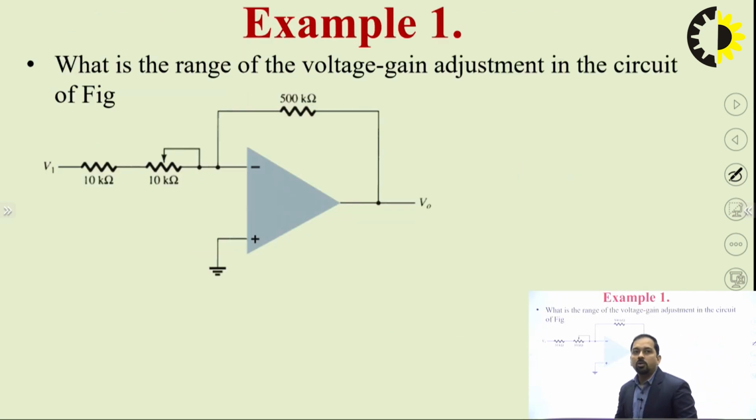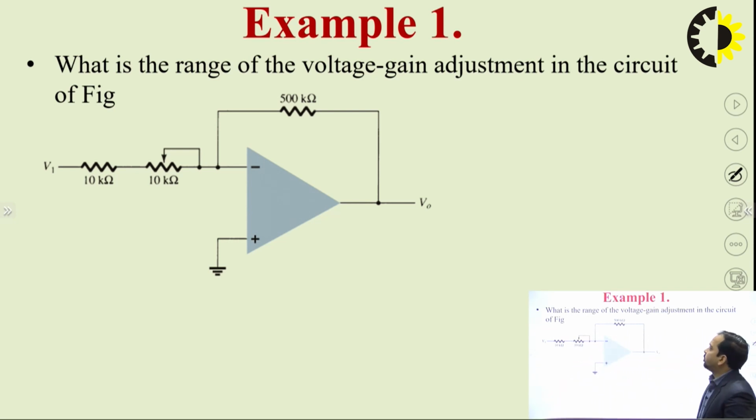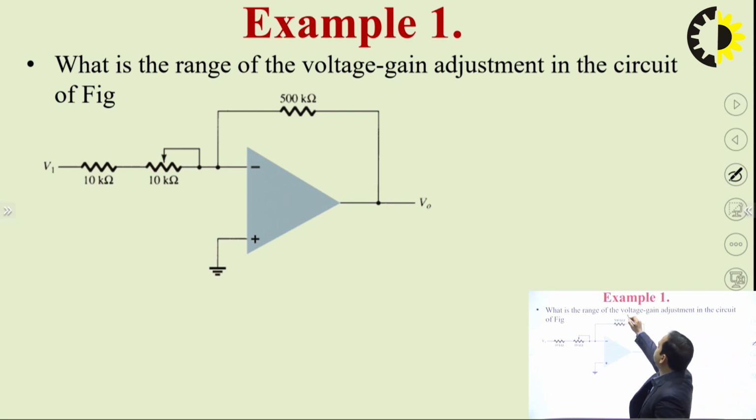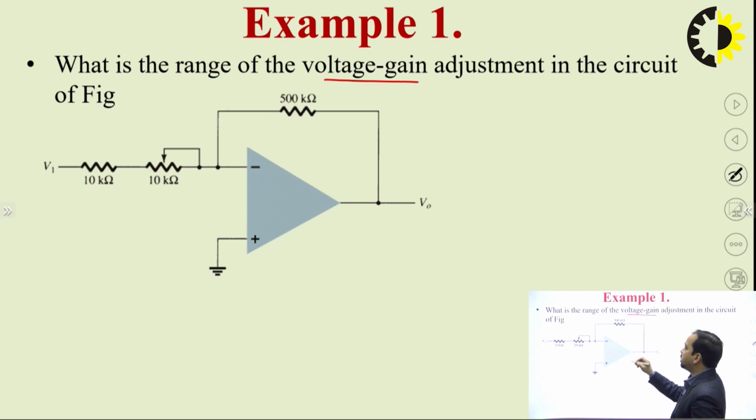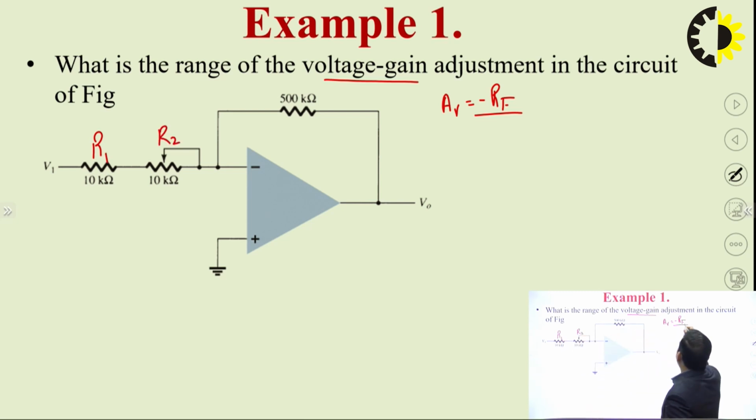After that, based on the applications of OPAMP, we have some examples. How can we calculate the range of the voltage gain? First of all, it is an inverting amplifier, and the gain of the OPAMP is AV equals minus RF by R1. Previously we had only one resistance, but now we have R1 and R2, so we can write this as RF divided by R1 plus R2.